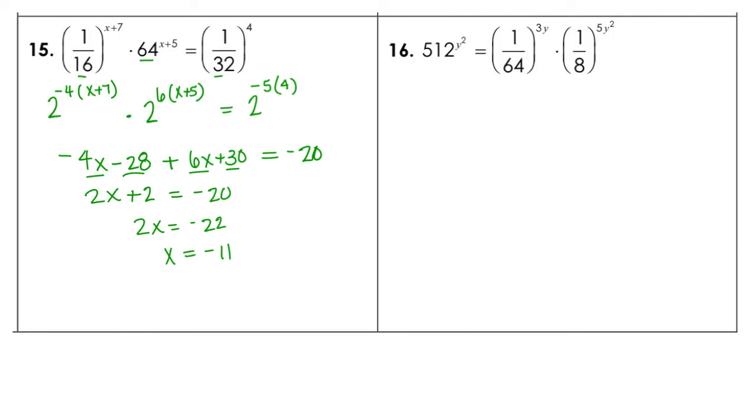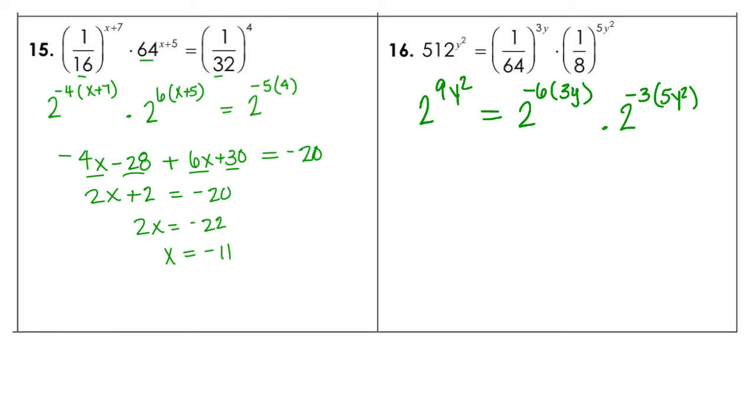Okay, our next example, again, looks like we're going to be able to use 2. So for 512, looks like we're going to have 2 to the 9th, and then we have our y squared already there. For 1 over 64, that's going to be 2 to the negative 6, and then times that 3y, and then 2 to the negative 3 times 5y squared.